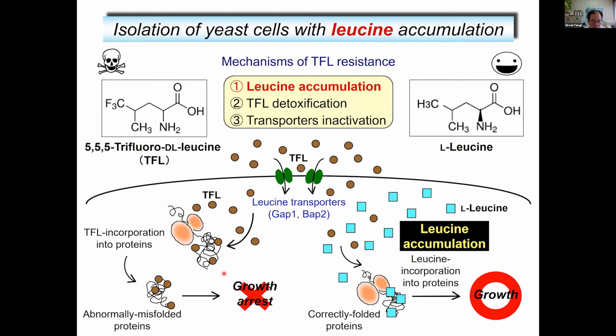It causes misfolding of proteins into which it is incorporated competitively with leucine, and thereby inhibits cell growth or causes cell death. However, leucine-accumulating cells are resistant to TFL because they detoxify or dilute the TFL concentrations in the cells. So we isolated TFL-resistant mutants derived from the wild-type awamori yeast.